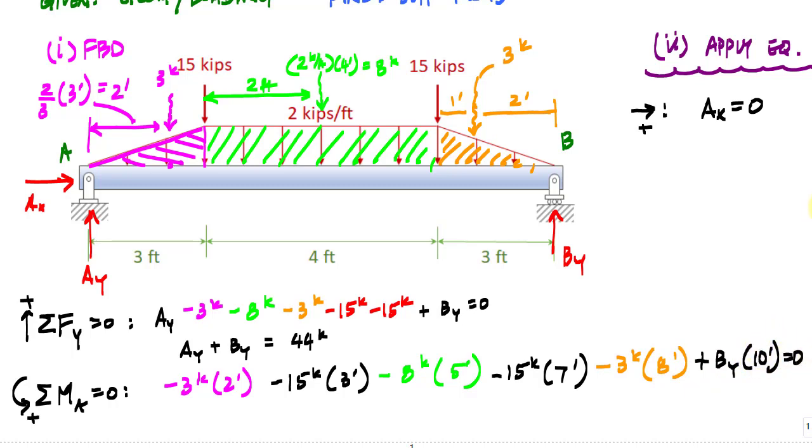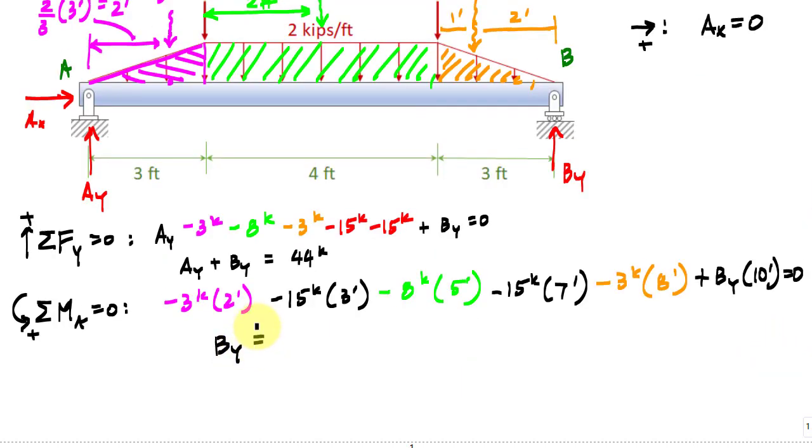And when I solve this out, I'll get that BY is 22 kips, which means I have 22 kips pointing up. And then when I plug and chug into my sum of the forces in the Y, I will get that AY is also 22 kips pointing upwards.